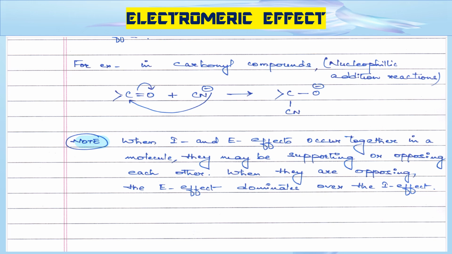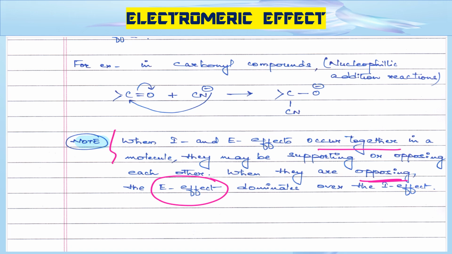We have to note one thing here: in some organic compounds, the inductive effect and the electromeric effect may occur together, and when they occur together, they may either support each other or oppose each other. If they are opposing each other, then you have to remember that the electromeric effect will always predominate, and that will guide the chemical characteristics, chemical reactions or chemical properties of that particular compound.